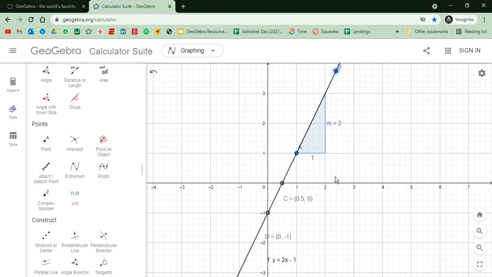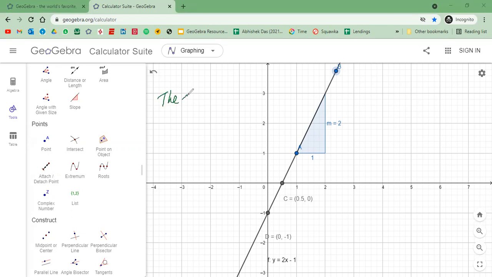All right. Now it's perfect. As you increase x by 1 unit, your y increases by 2 units. That is the interpretation of slope. The change in y when x increases by 1 unit. That's the interpretation of slope.